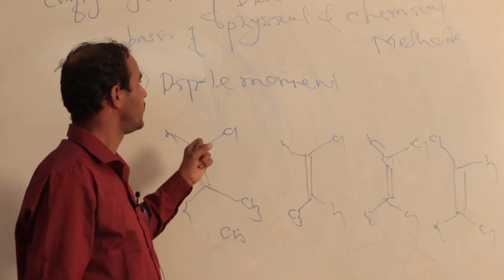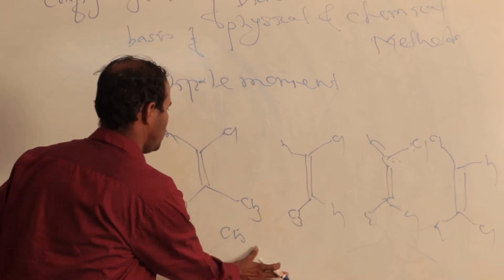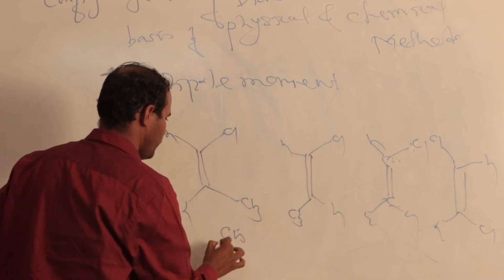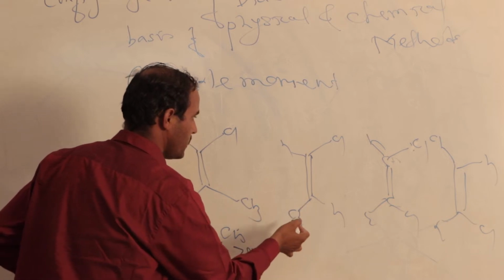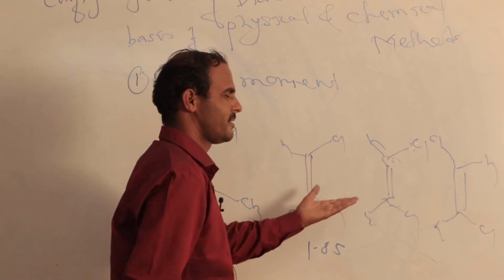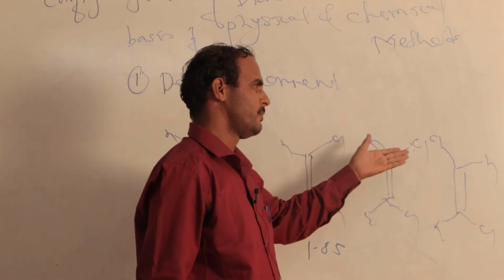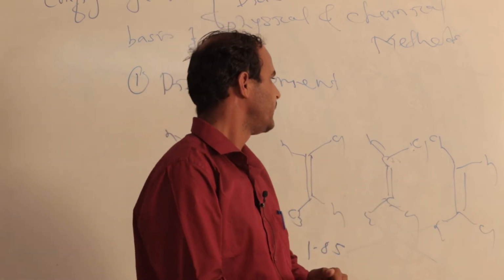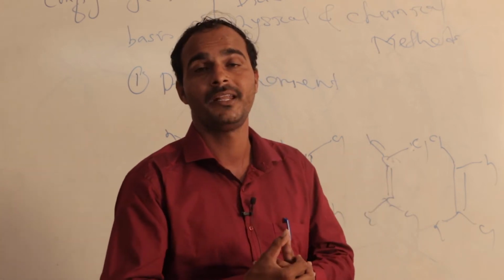If you consider their dipole measurement, their value is, for another example, this compound, 1.75, and trans, their value is 1.85. If you consider this 1,2-dichloroethene, suppose the same halogens are present in the compound, then the trans form does not show any dipole value.